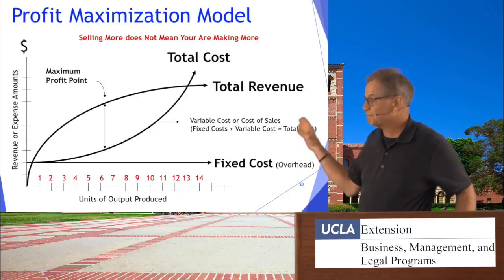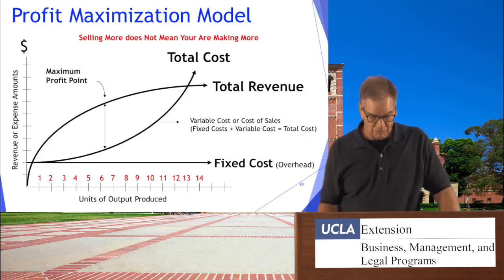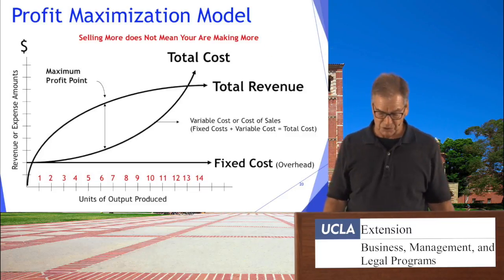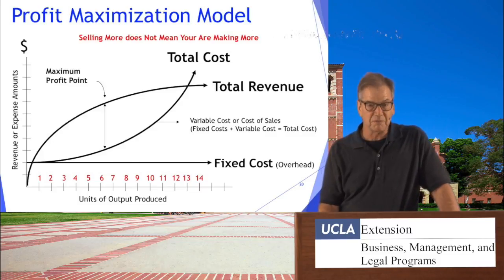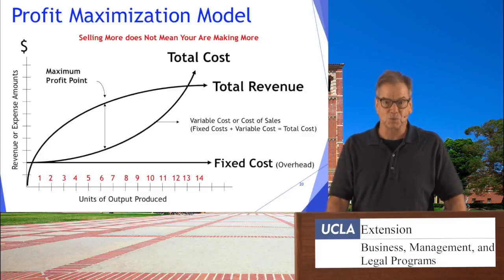So it's real easy to find this information out working with Dun & Bradstreet or Standard & Poor's. And so this is called the profit maximization model, and it basically says that for every business and every industry, there is a sweet spot where you're going to maximize your profit.